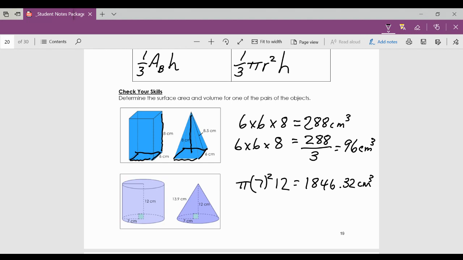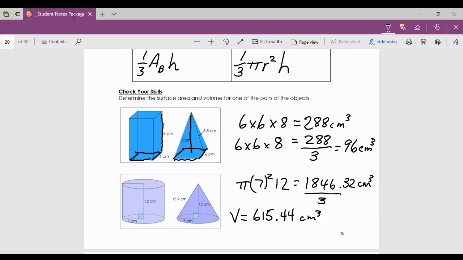So the cone with the same base and the same height would be 1/3 the volume of the cylinder. If I take the volume of the cylinder, 1,846, and divide it by 3, I get the volume of the cone, 615.44 centimeters cubed.